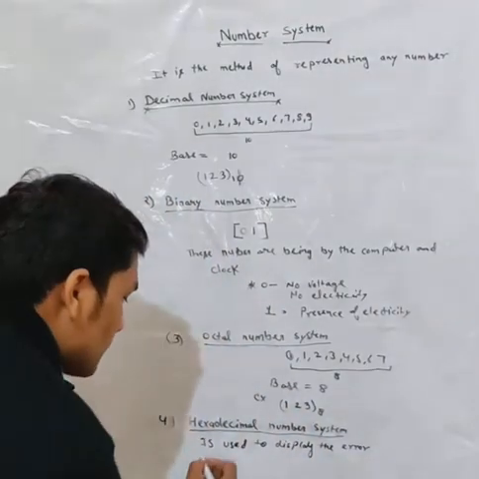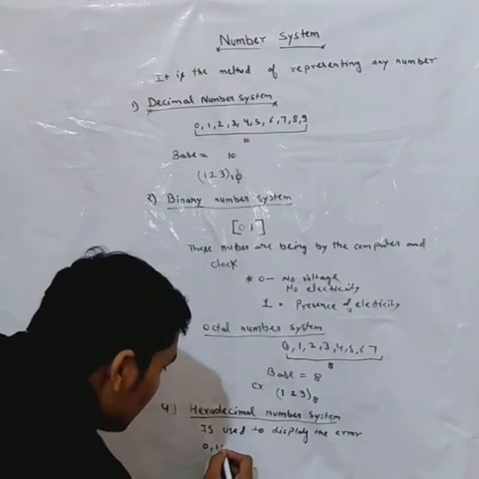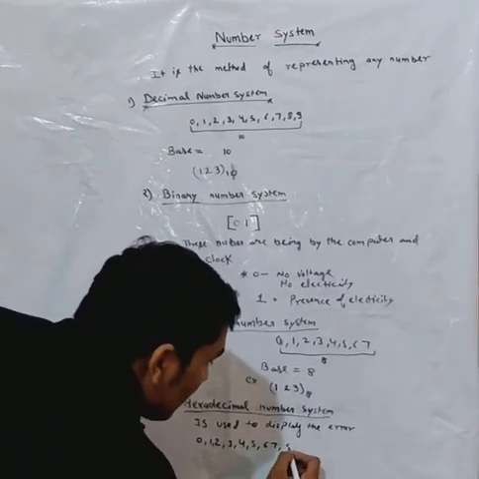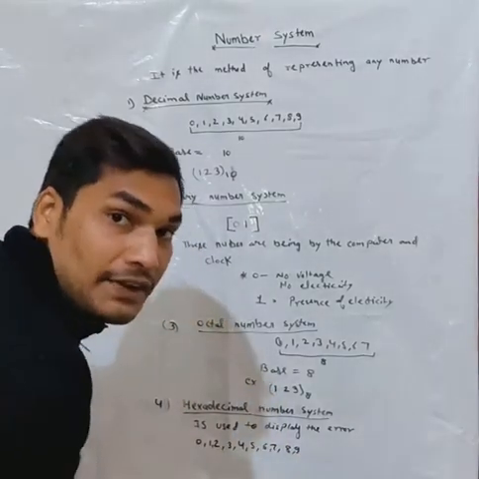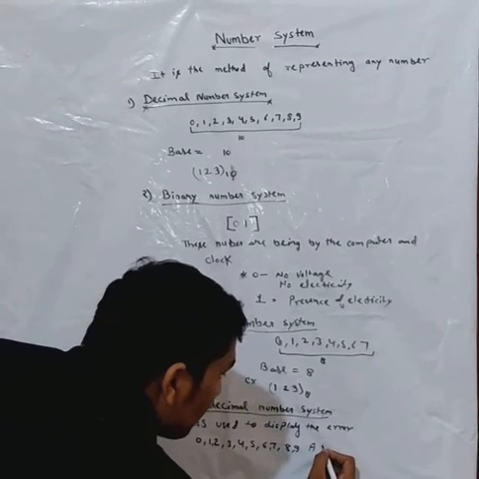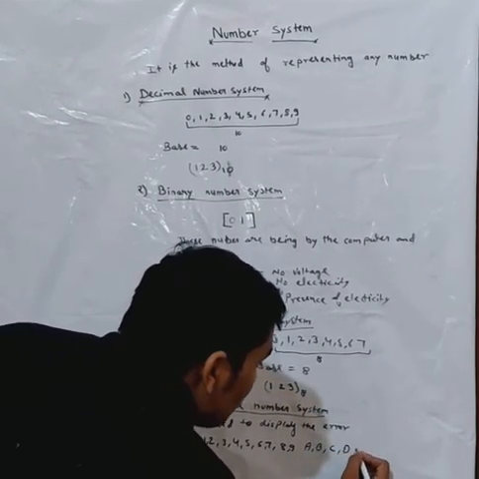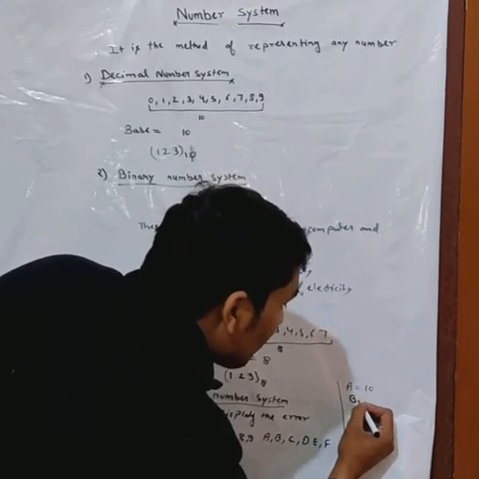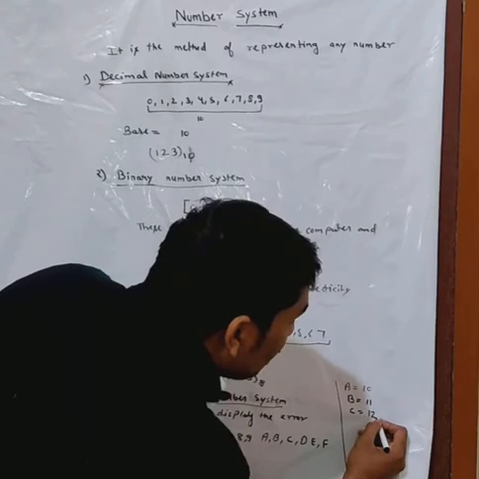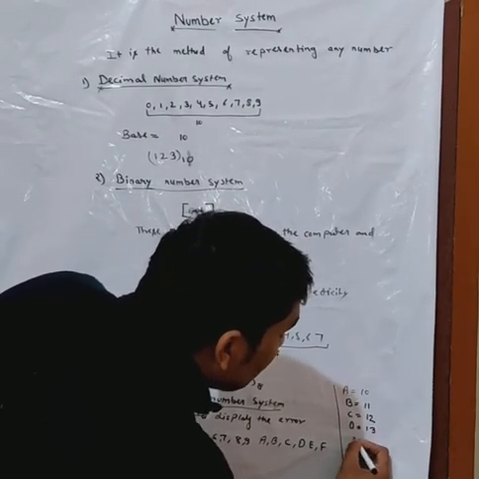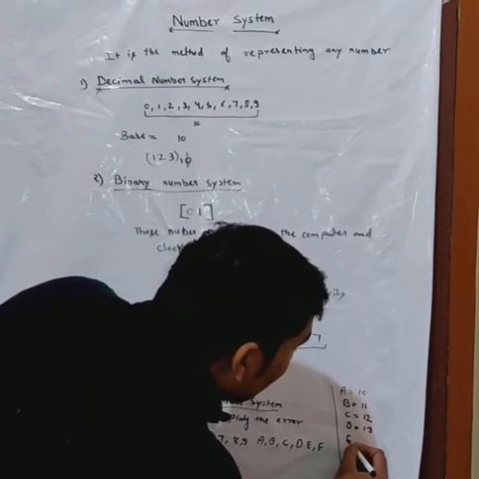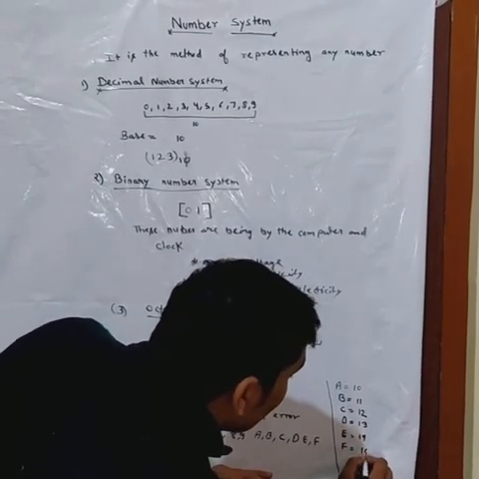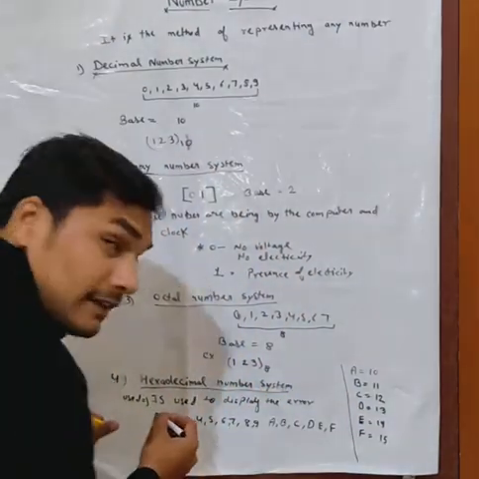Okay, so the numbers being used are 0, 1, 2, 3, 4, 5, 6, 7, 8, 9, and the alphabets used are A, B, C, D, E, and F. A stands for 10, B stands for 11, C stands for 12, D stands for 13, E stands for 14, F stands for 15. And the base is 16.